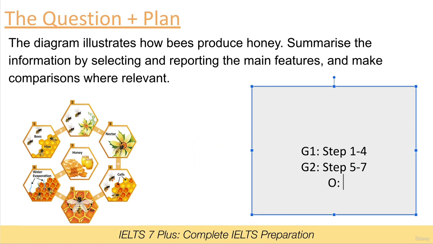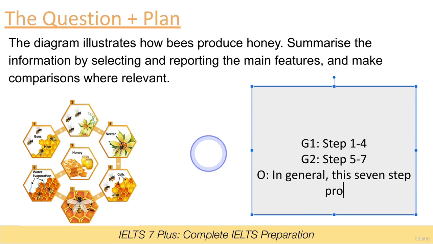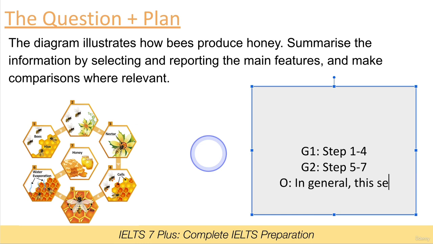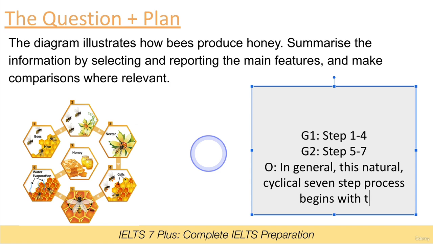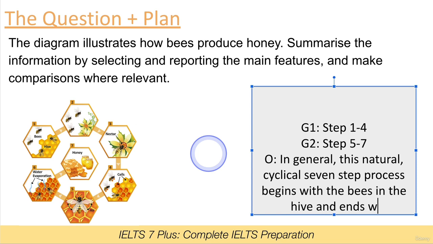Okay, our overview. So let's just put some notes for the overview. In general, this 7-step process, maybe we could say this natural, cyclical, 7-step process begins with the bees in the hive and ends with honey being produced.